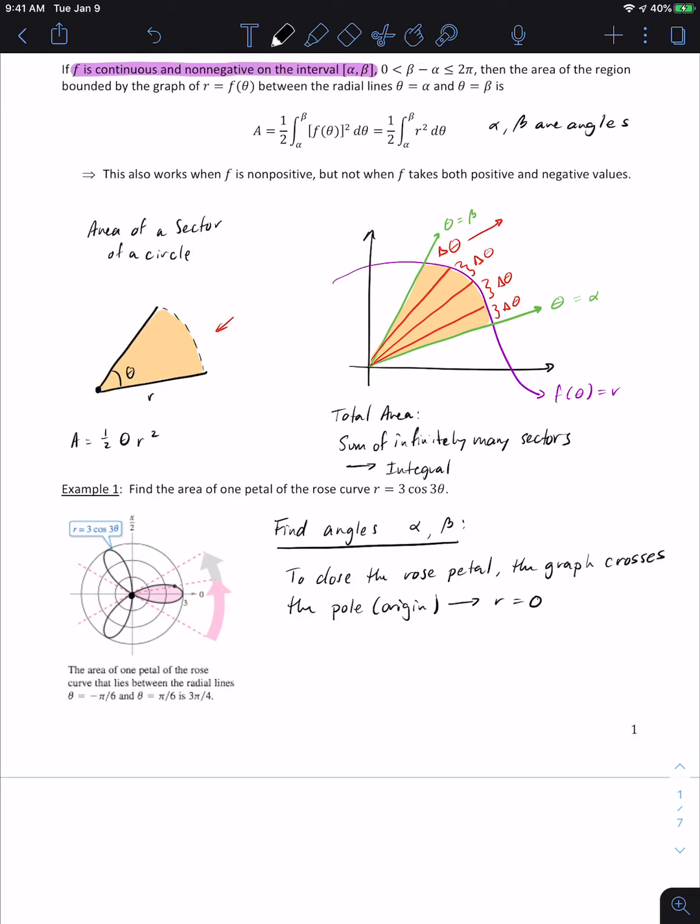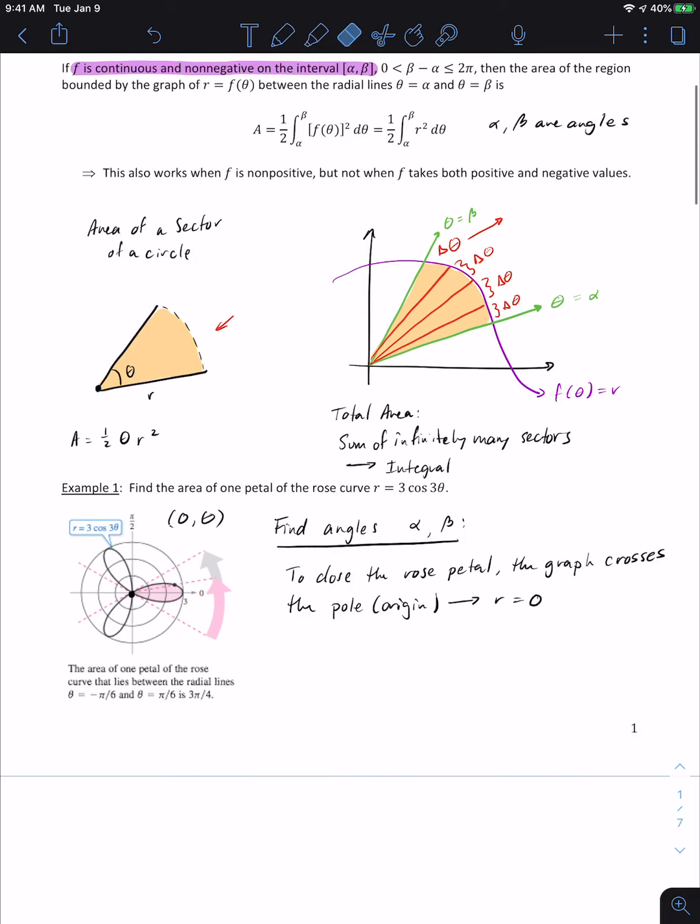At that point, remember, we can represent the pole as 0 and any theta we want, any possible angle, but the radius is 0 there. So we know that the radius is 0 when I cross, which is when I start and finish this rose curve. So my beginning and end, or my alpha and beta, are going to happen when my radius is 0.